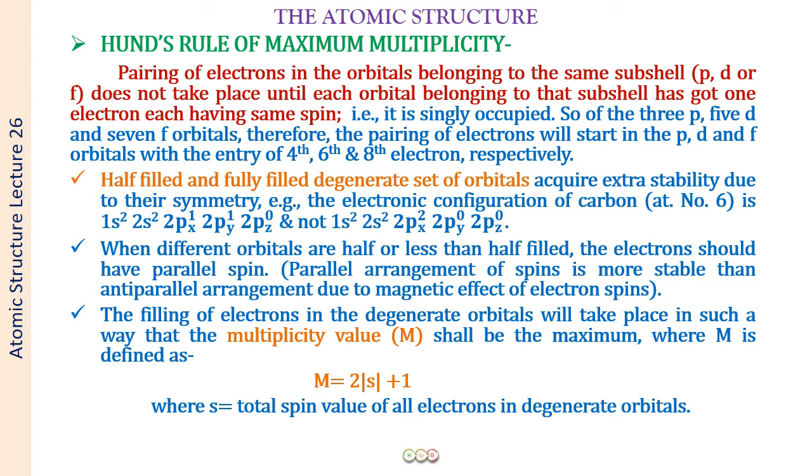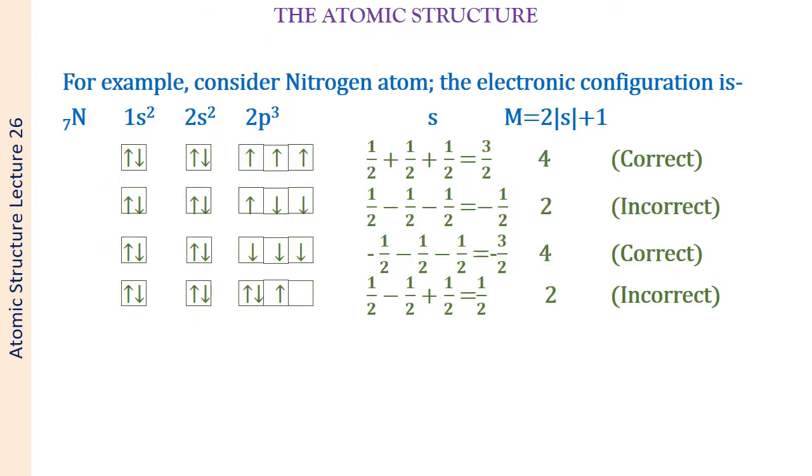Okay, giving you an example in the next slide, we have nitrogen atom, right? So nitrogen atom, the electronic configuration N7, I told you just now also that we have 1s2, 2s2 and 2p3. So how can we fill the 2p3 orbital? This is the way we represent the electrons.